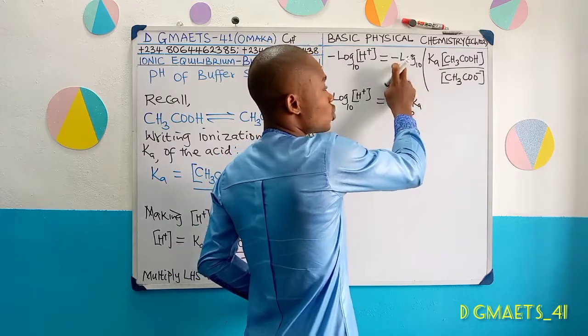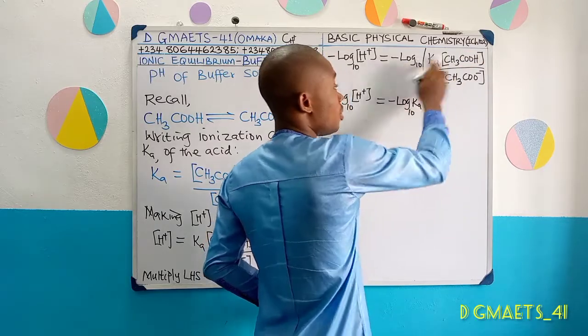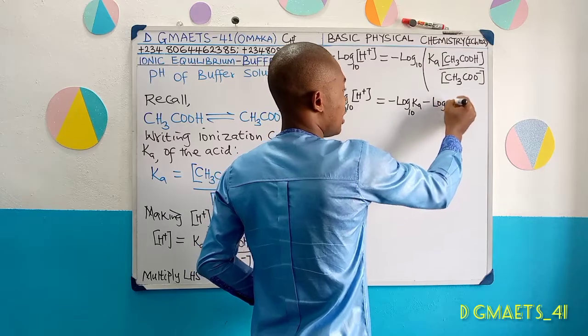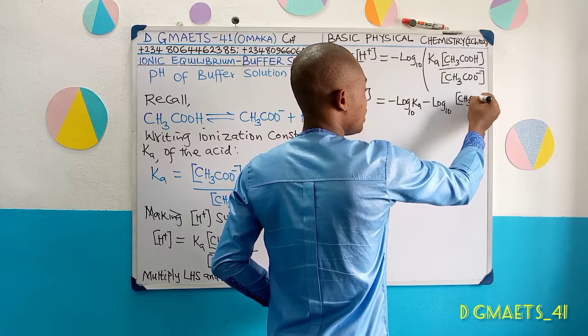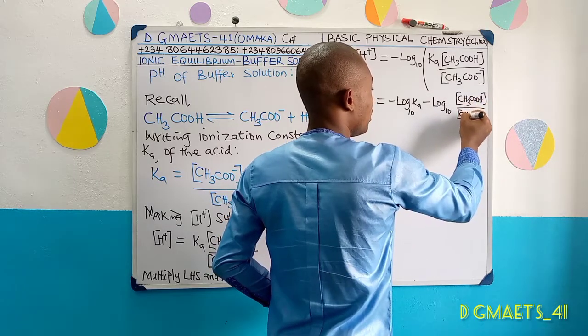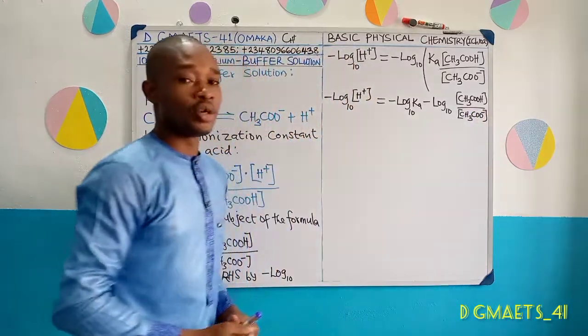Then this one now go constantly multiply this one. It will be minus log base 10 concentration of wetin dey on top wey be the acid, come divide am by concentration of wetin dey under wey be the ion of the acid. So na like this e go be.